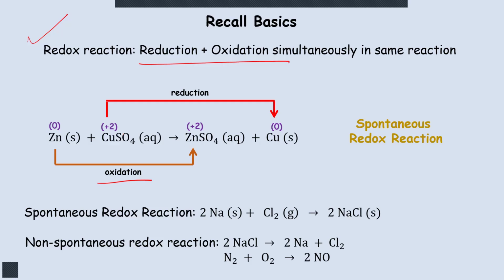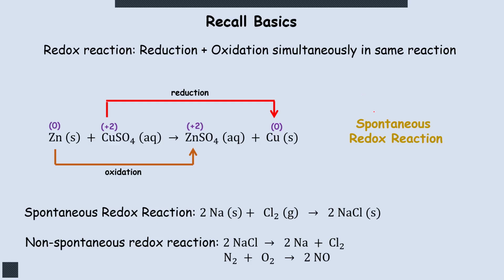In copper sulfate solution, there are Cu2+ ions. The Cu2+ ions gain electrons. So a Cu2+ ion gains 2 electrons and is reduced to copper. Gain of electrons is reduction. So in this reaction, both reduction and oxidation are happening. So it's a redox reaction.